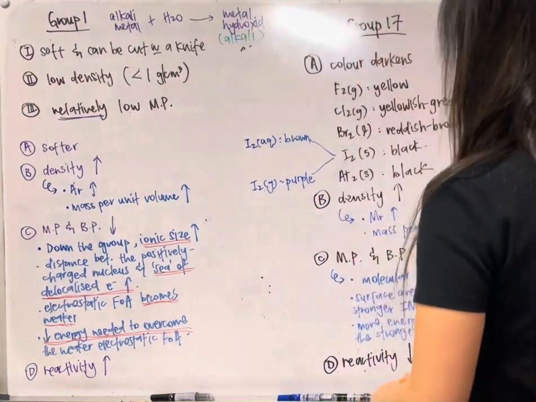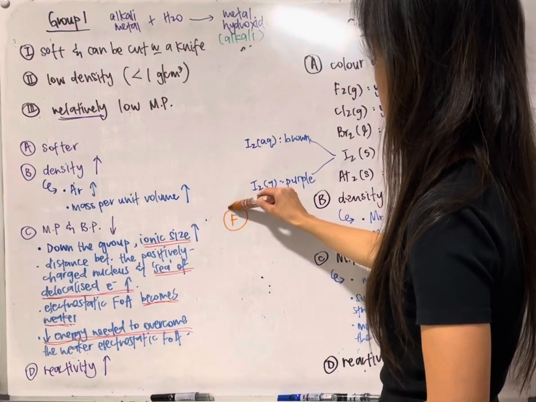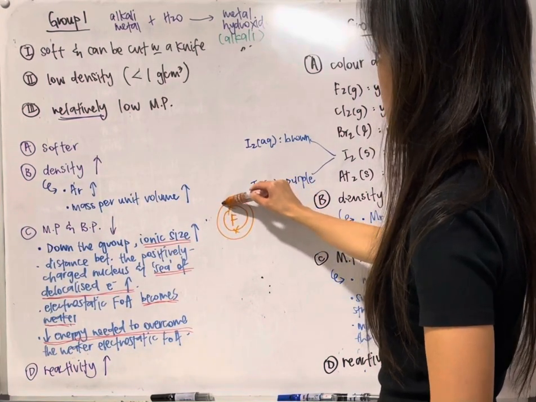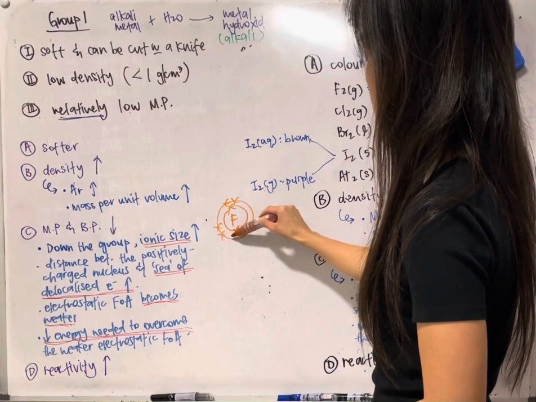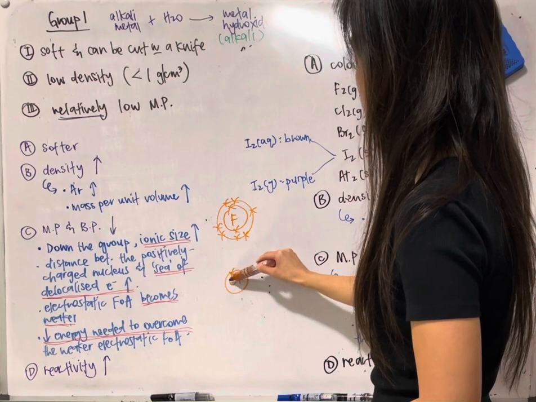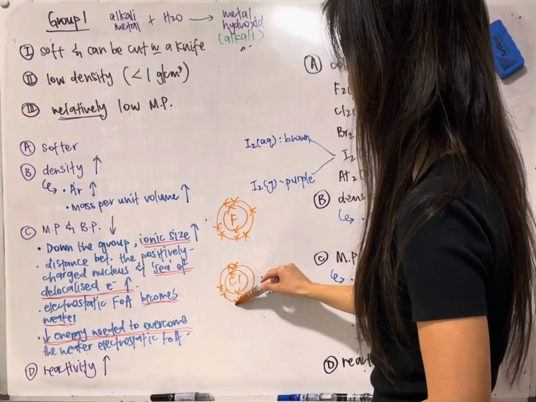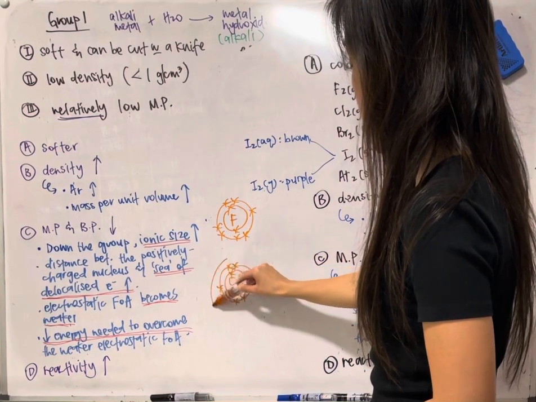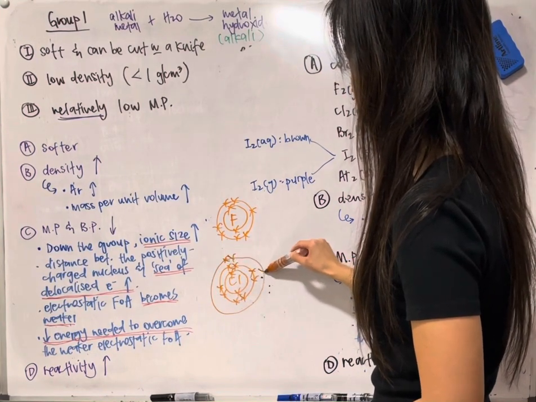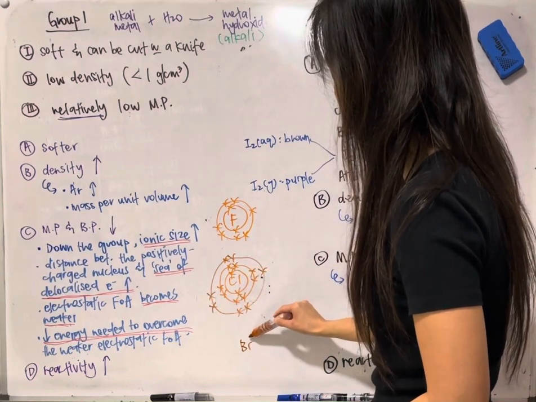If I want to draw the atomic size of fluorine, you should know it is 2.7. Chlorine is 2.8.7. And then your bromine is 2.8.8.7.